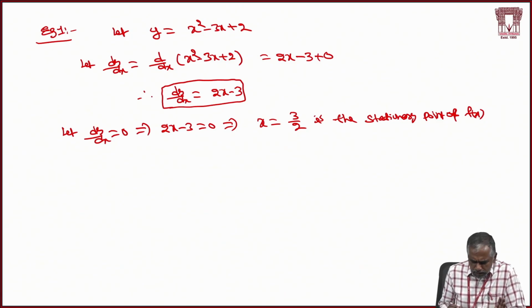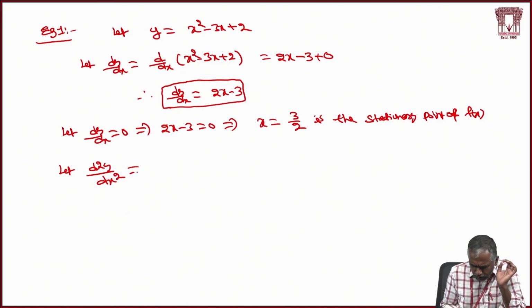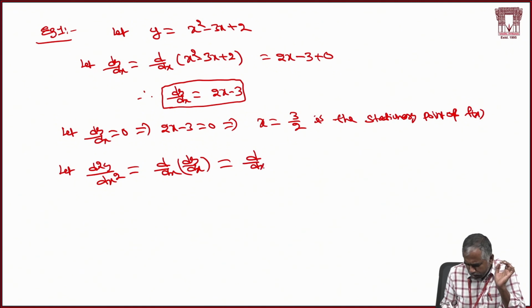Next, according to step 3, we will have to find d square y by dx square for the given function y equal to x square minus 3x plus 2. So let d square y by dx square equal to d by dx of dy by dx. That implies d by dx of 2x minus 3. So we will get 2 minus 0.